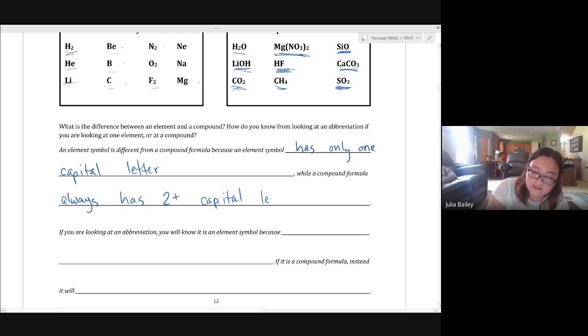There may be lowercase letters or there may not be in any given element or any given compound, but you will always know by counting the capital letters if it's an element or if it's a compound. One capital letter is always an element. More than one capital letter, always a compound.